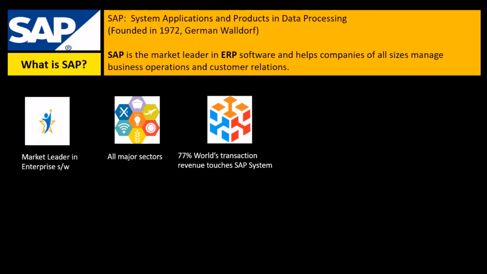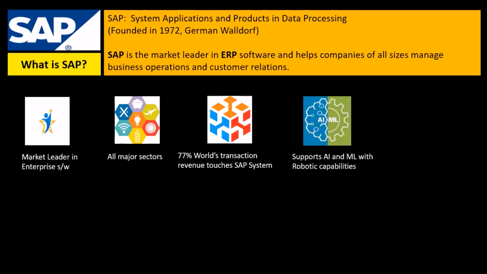At present, more than 77 percent of world transaction revenue touches an SAP system, and that is the largest portfolio they have. It supports artificial intelligence and machine learning with robotic capabilities.